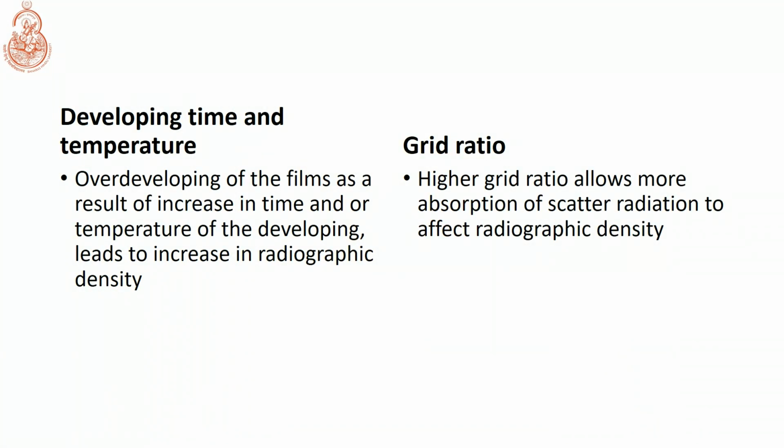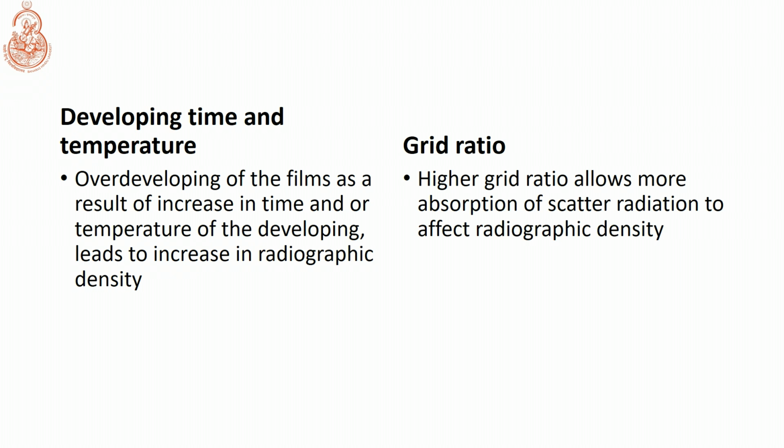Overdeveloping of the films as a result of increase in time and or temperature of the developing can lead to increase in radiographic density. So I shall not keep my films inside the developing solution or the fixing solution for a longer period. That can lead to an increase in density. I shall not increase the temperature.